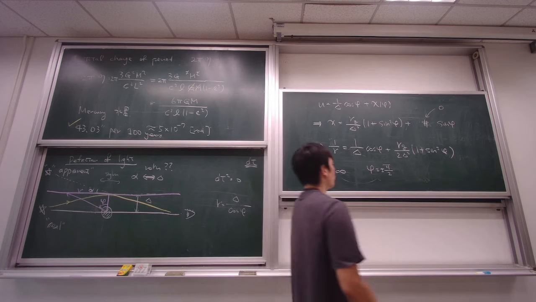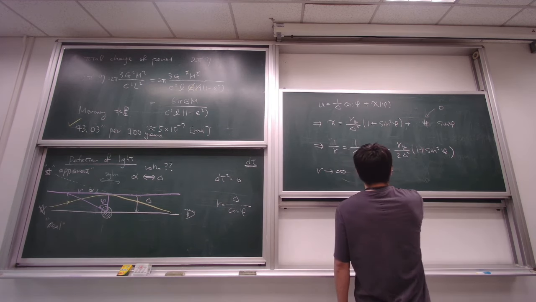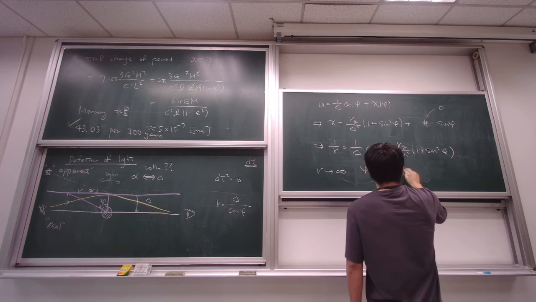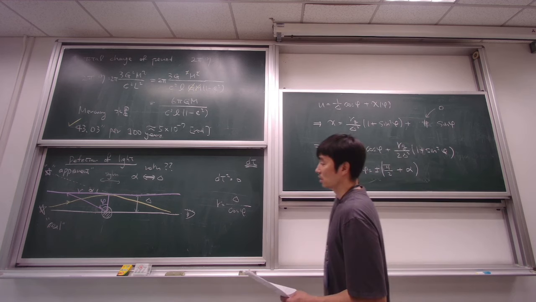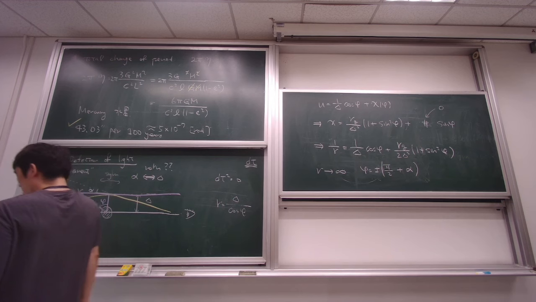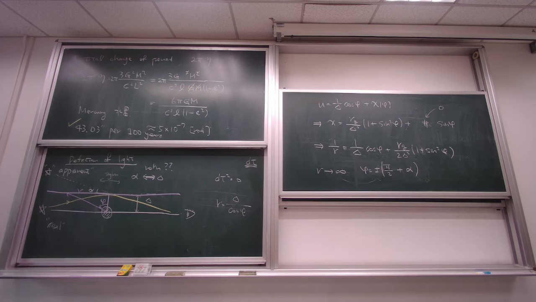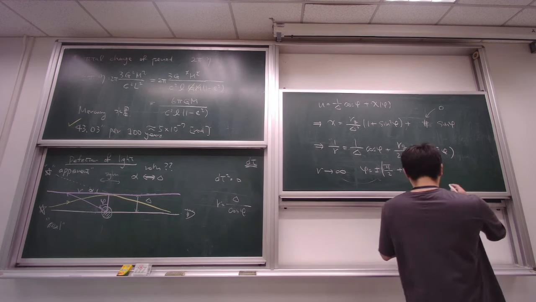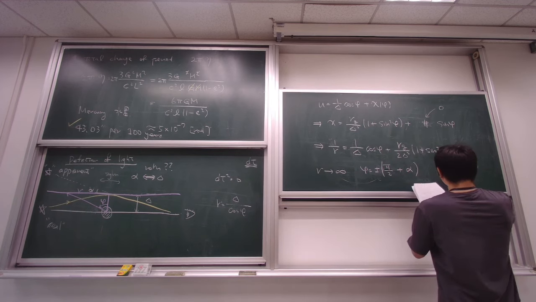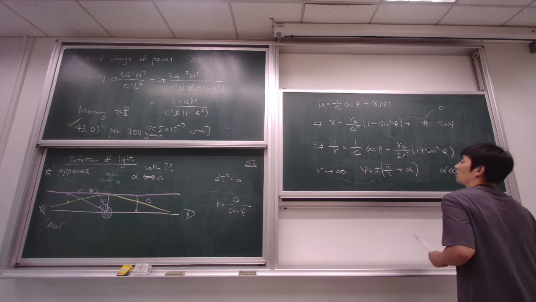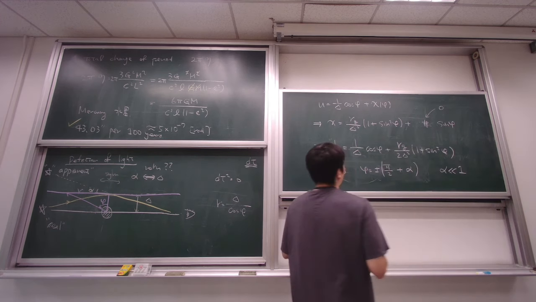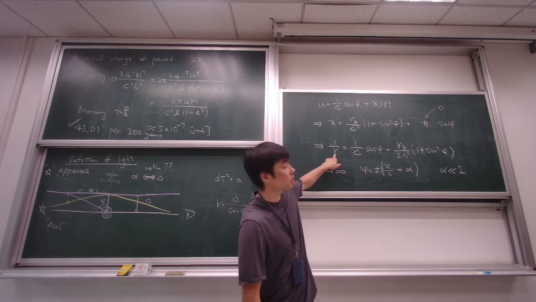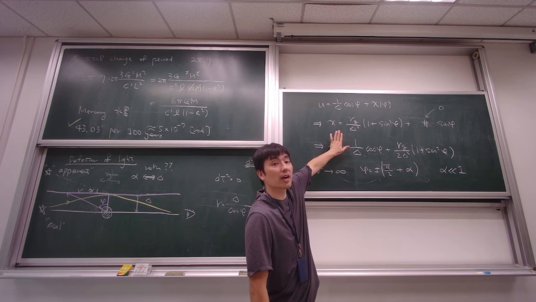And there is some correction, plus alpha, where alpha is very small. So as you can easily see, as R goes to infinity, the left hand side is 0, right?